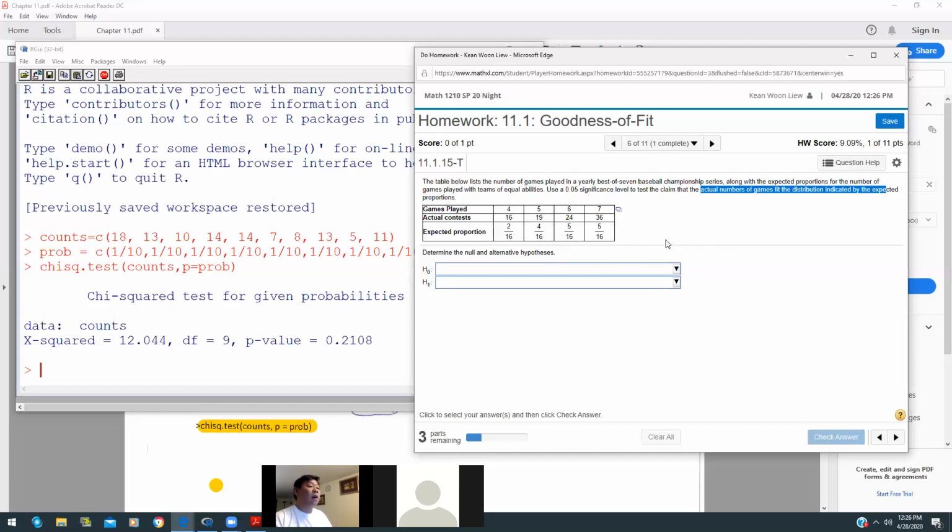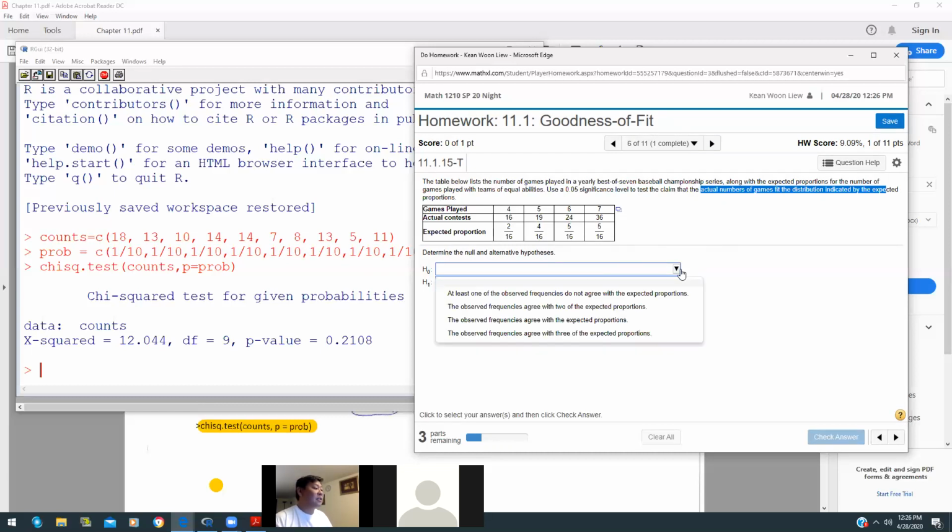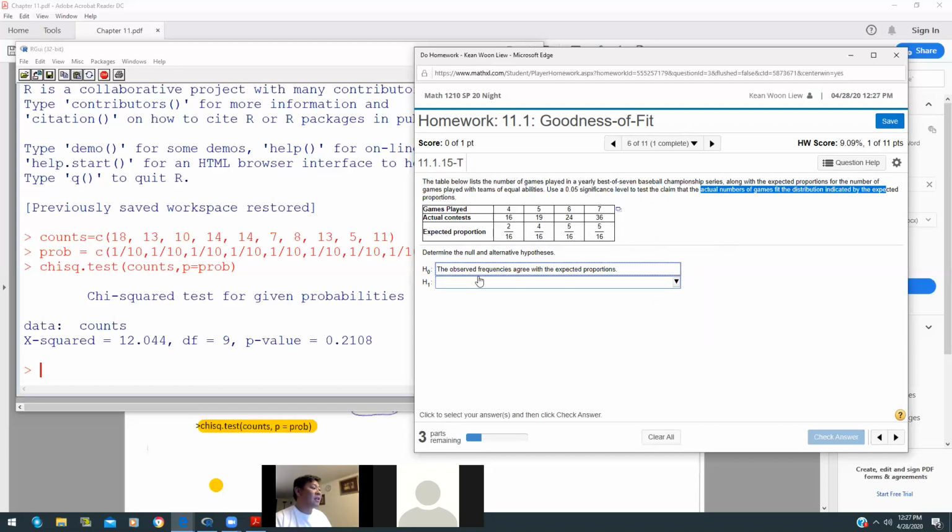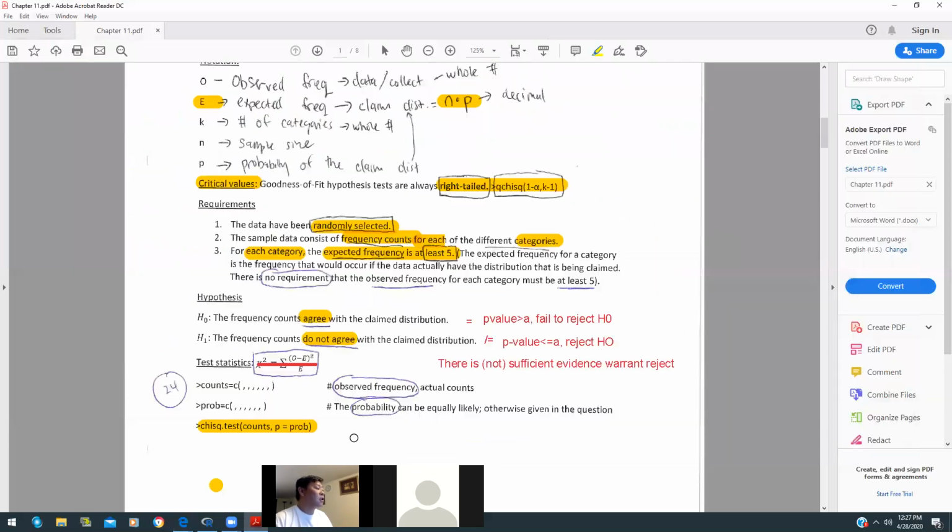So what is your hypothesis in this case? Again, the null is that the observed frequency agrees with the expected proportion. The keyword I'm looking for is agree and does not agree.